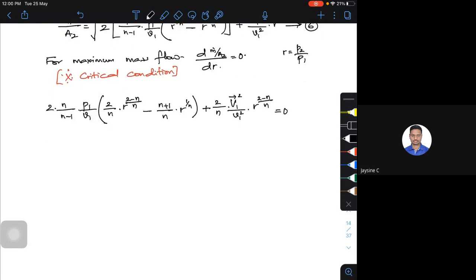Now, try to simplify this expression and get the value of r. What am I going to do?